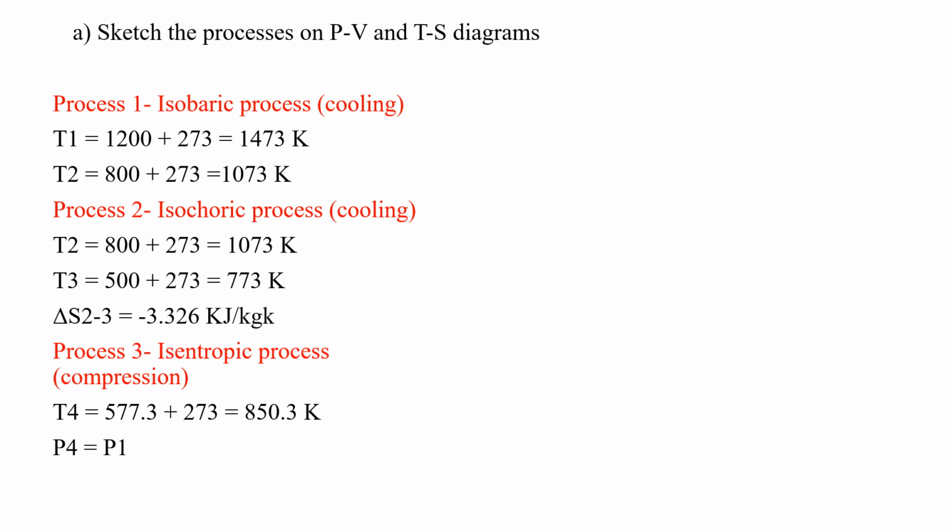During this process, the change in entropy is minus 3.326 kilojoule per kilogram Kelvin. And then we have got process 3, which is isentropic process, a compression process from T3 to T4, going back to the initial pressure, that means P4 is equal to P1.